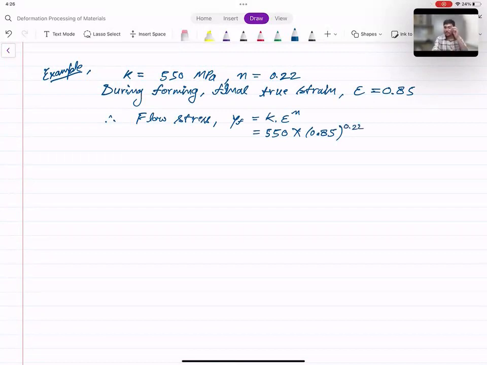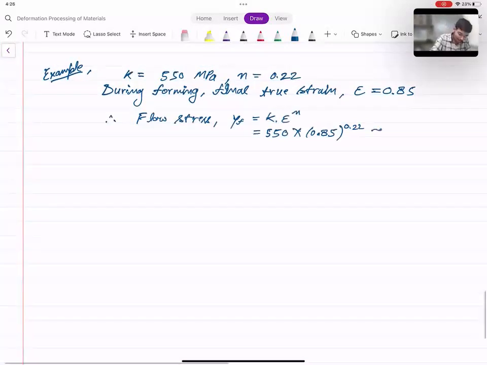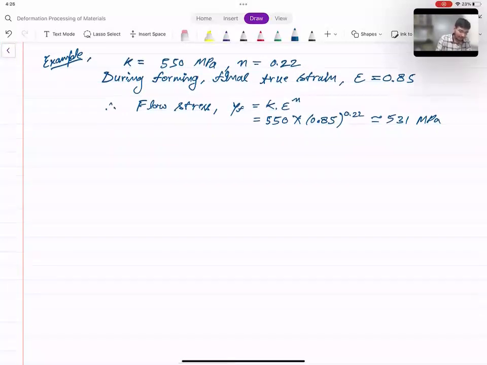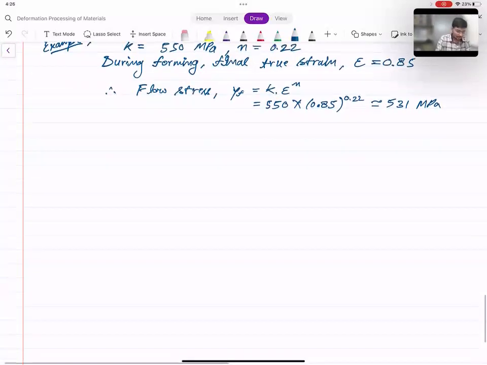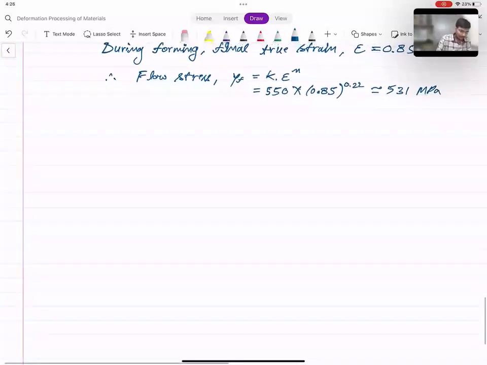If we calculate it, we get approximately 531 megapascals. The unit will be that of K only, because strain is unitless, and any unitless quantity raised to any power is also unitless.